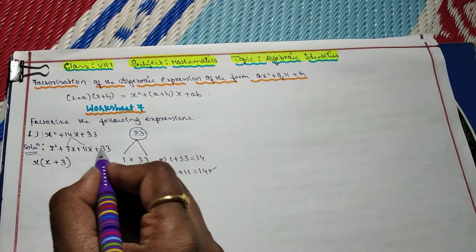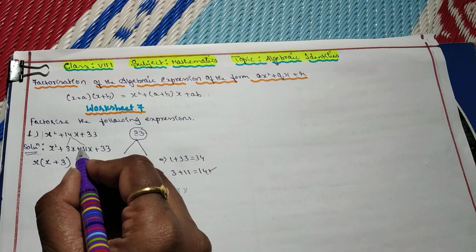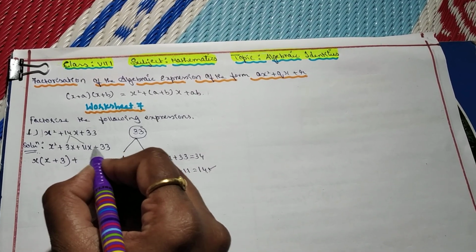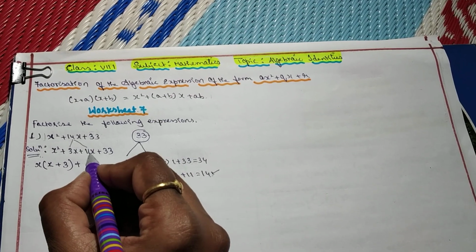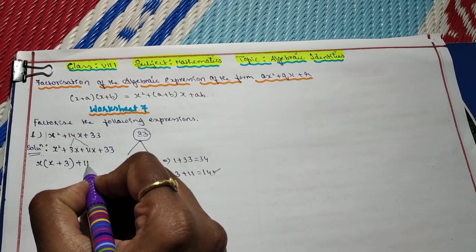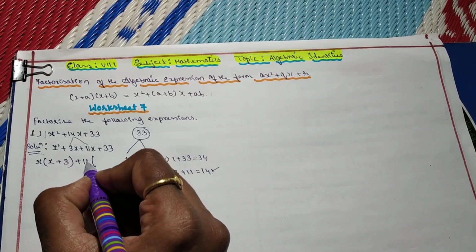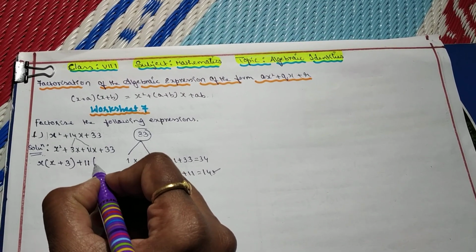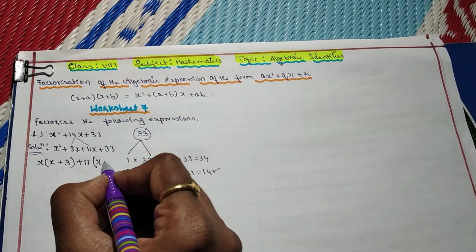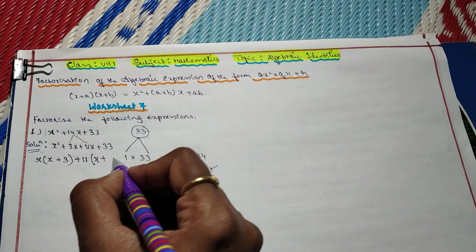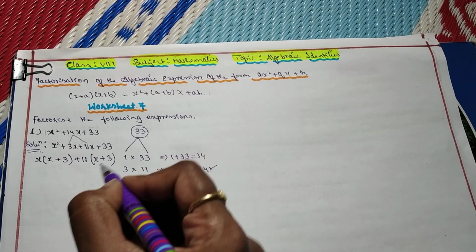And in the third and fourth terms, we have plus, so put the plus sign as it is. In between these two terms, 11x and 33, 11 is common, so 11 is taken outside as a factor. What is left? x is left, so x, and here we have plus, and 11 times what is 33? Yes, 11 threes are 33.